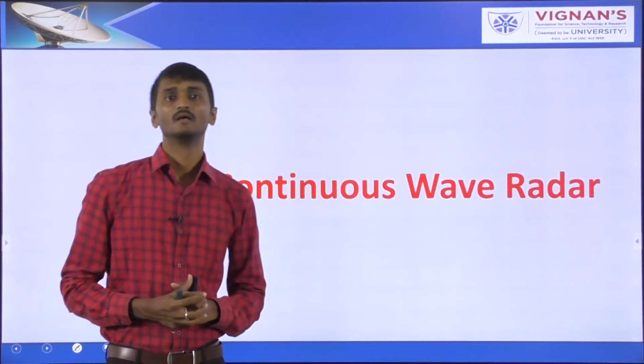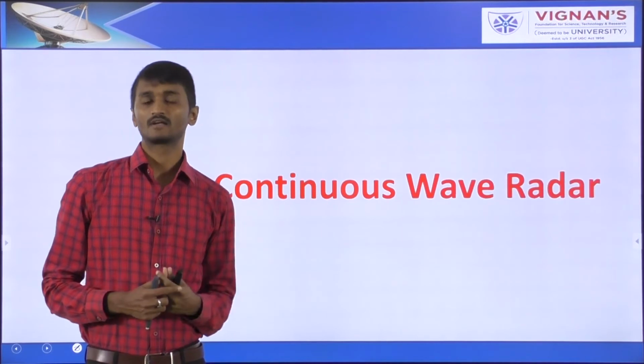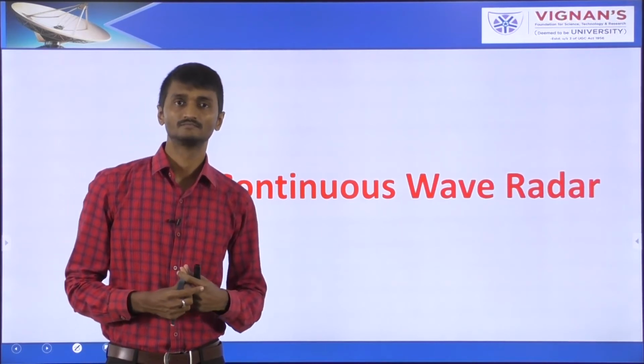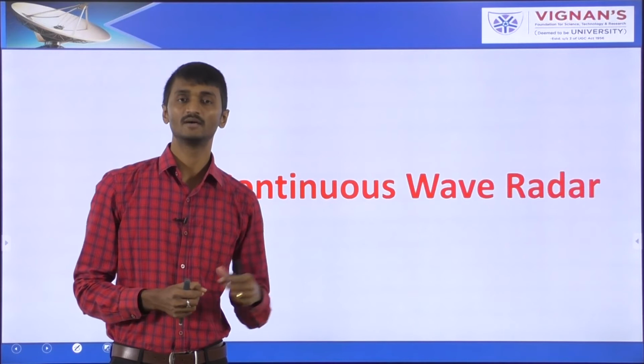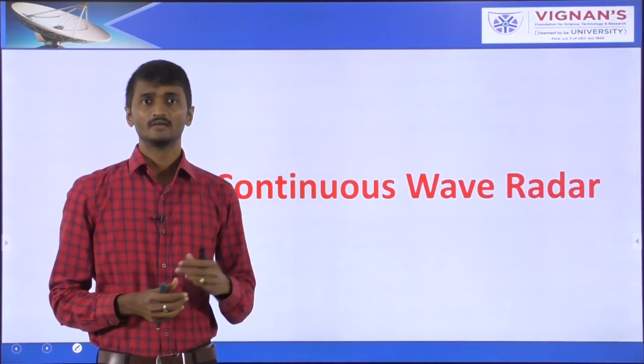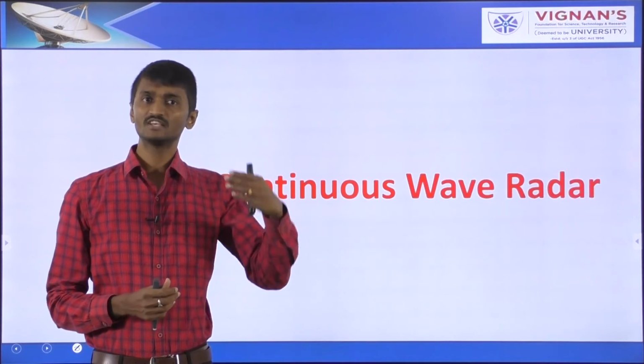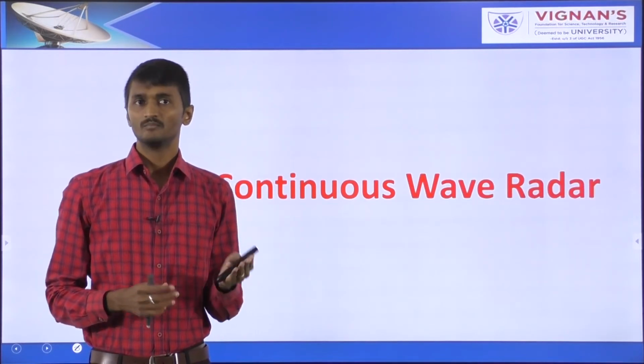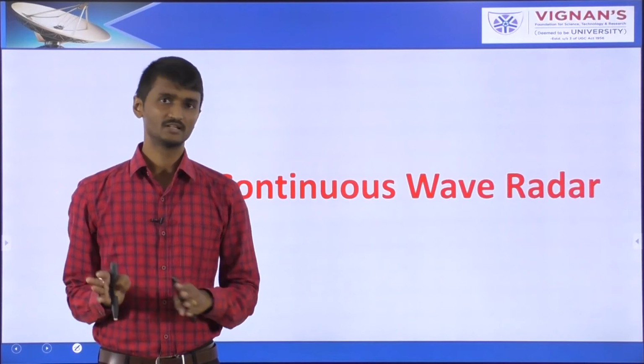So next, coming to the continuous wave radar concept. Continuous wave radar, simply it is called CW radar. Coming to the introduction, the basic radar uses the same antenna for both transmission and reception of signals, right?